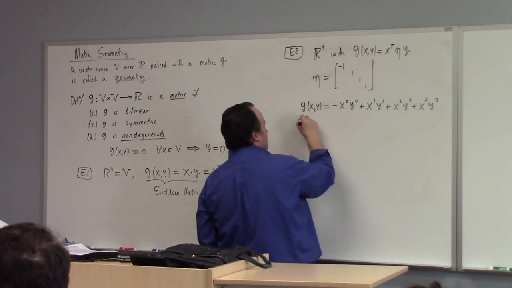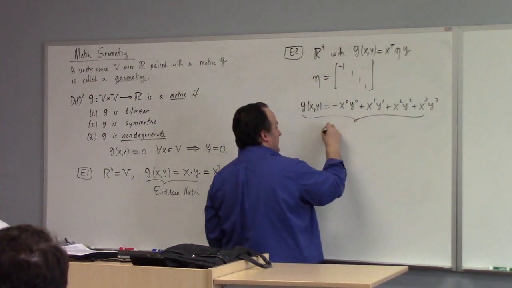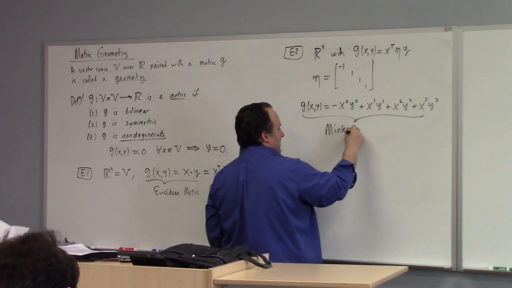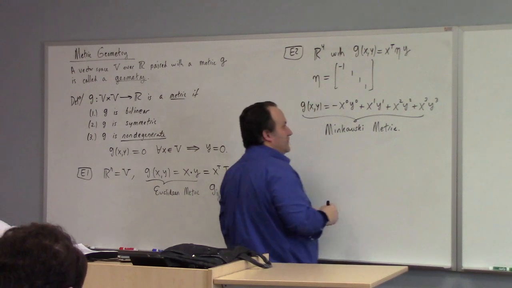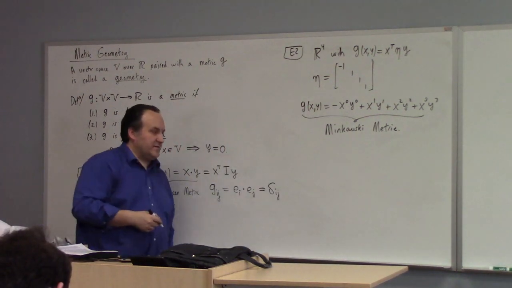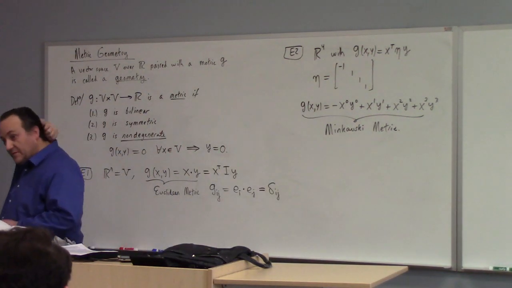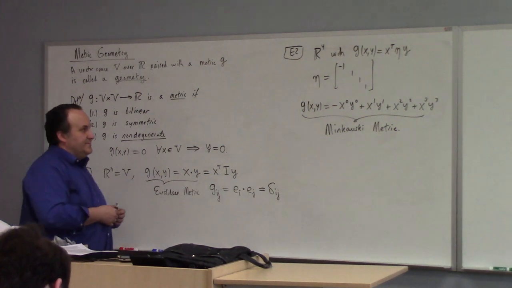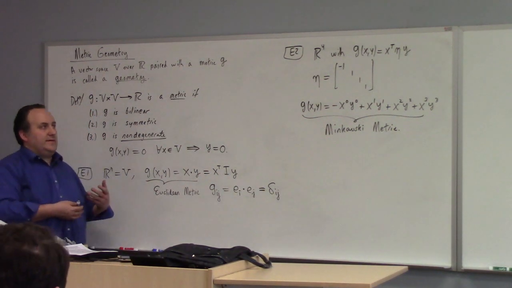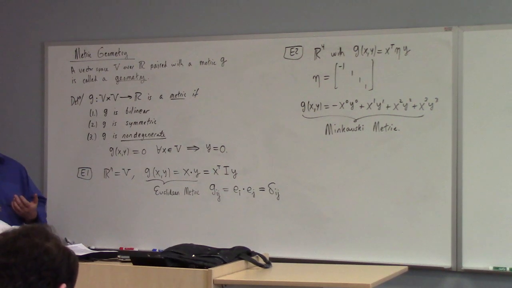This is the so-called Minkowski metric. This is the metric which describes the geometry of special relativity on space-time, right? You can think of x upper 0 as time, and x1, x2, and x3 as space, like 3 spatial dimensions. And this is not an inner product because there are things called null vectors.